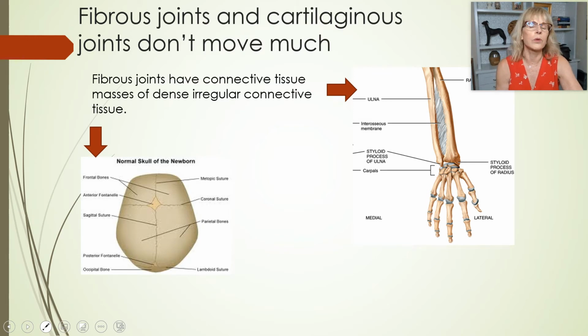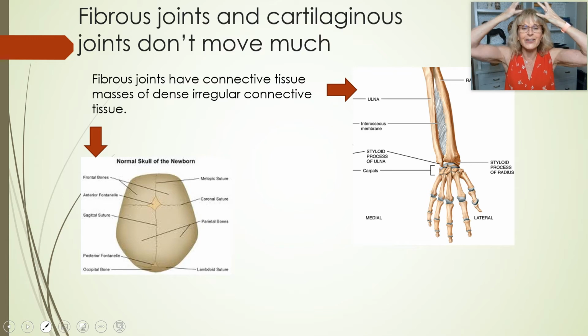Fibrous joints don't move very much at all. They do in babies though, right? Have any of you seen the head of a baby that was born through a regular vaginal delivery? Not a C-section. C-section babies have pretty heads. The heads of babies that have been delivered by natural childbirth have got these weird cone heads.